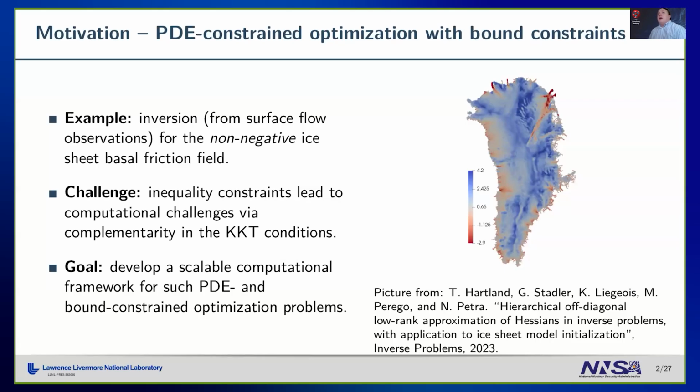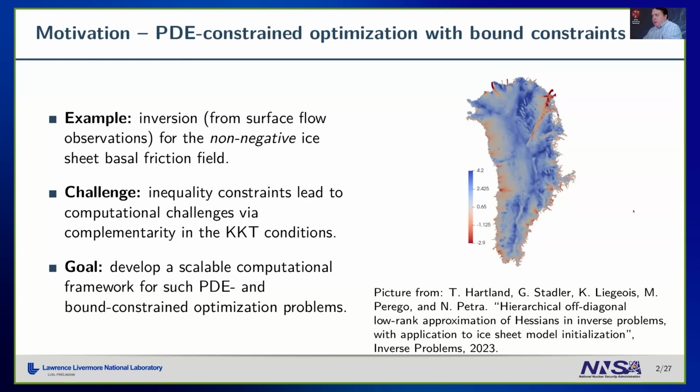Okay. So maybe to start, a motivating example for the incorporation of bound constraints in a PDE constraint optimization, in particular one that I looked at for a significant amount of time during my PhD work, which is the inversion for a non-negative ice sheet basal friction field.